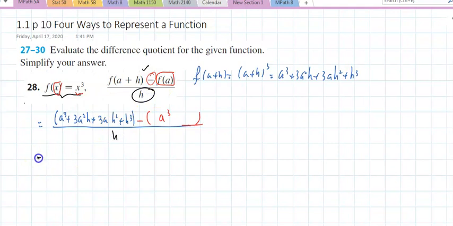So if I clean this up, this is a cubed plus 3a squared h plus 3ah squared plus h cubed minus a cubed all over h.